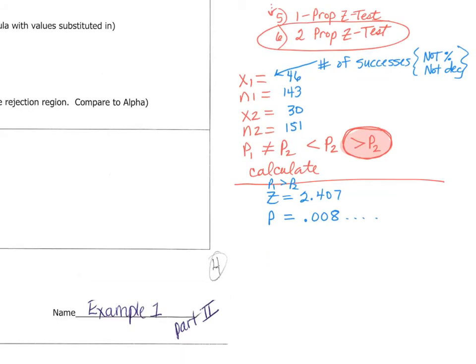And then it gives you the P hat of 1 and P hat of 2. It gets those from dividing out 46 by 143, and 30 divided by 151. And there's a regular old solid P, which is a pooled P. Do you see how many P's there are?